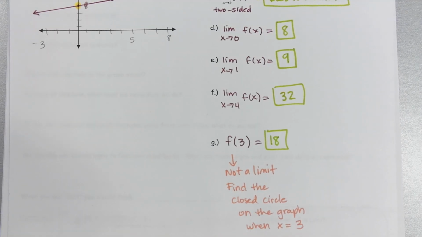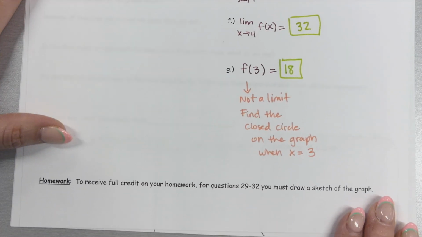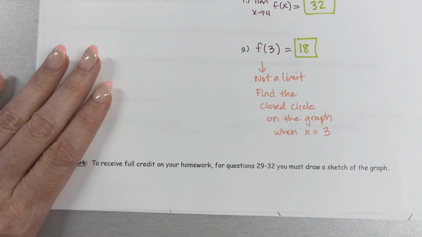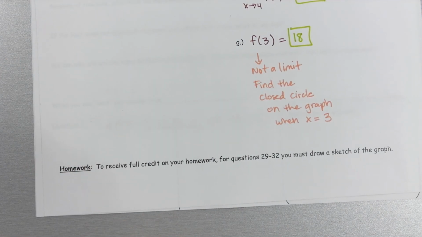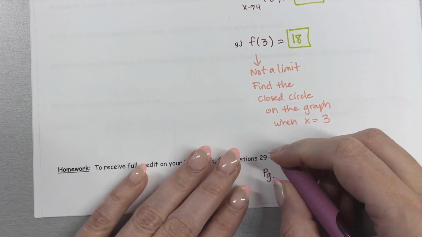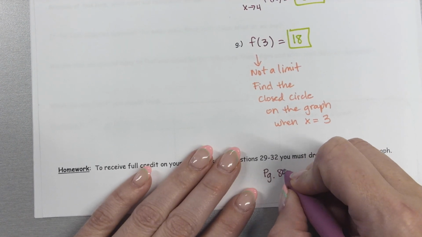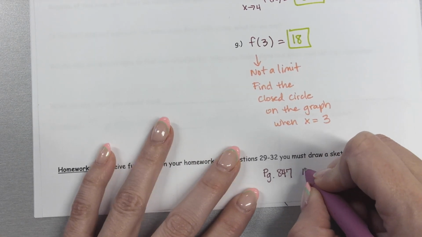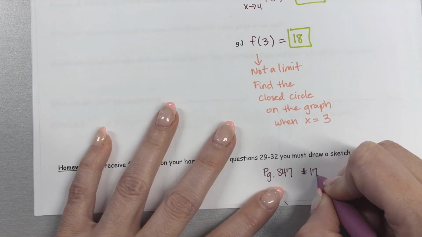Okay, so for this part of your homework to receive full credit, you just have to draw a sketch of the graph. I'm writing down the homework for this section, but you are turning in day 1 and day 2 together.